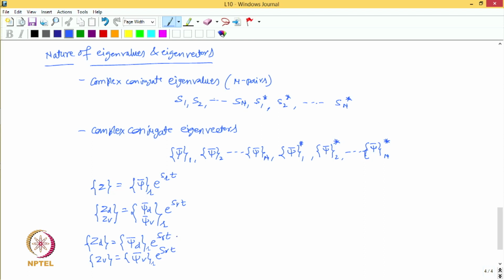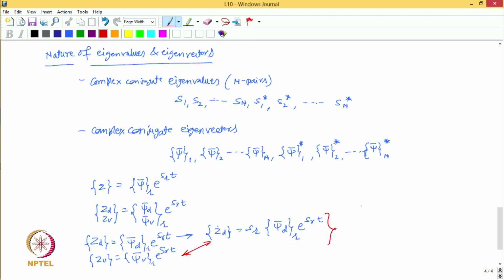And if we differentiate this equation with respect to time, what we get is ZD dot is equal to SR psi bar D e to the power SRT, right. And if we compare these two equations, what is the result?